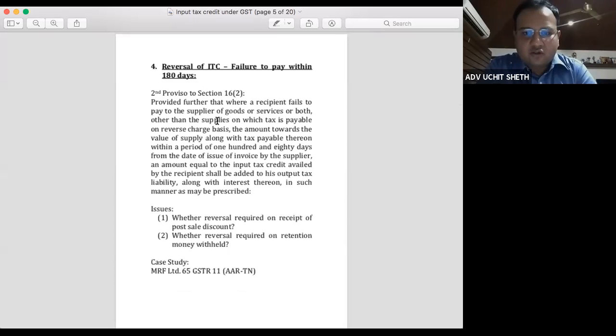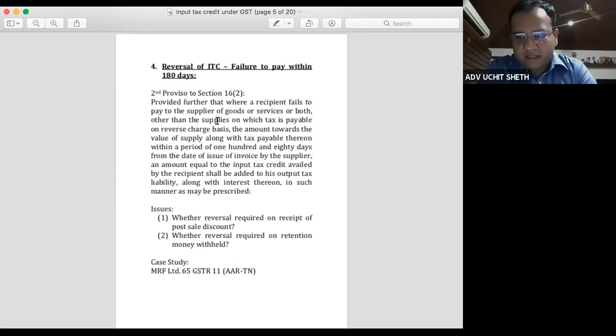Second proviso to section 16 subsection 2 says, provided further that where a recipient fails to pay to the supplier of goods or services or both, other than the supplies on which tax is payable on reverse charge basis, the amount towards the value of supply along with tax payable thereon within a period of 180 days from the date of issue of invoice by the supplier, an amount equal to the input tax credit availed by the recipient shall be added to his output tax liability along with interest thereon in such manner as may be prescribed.